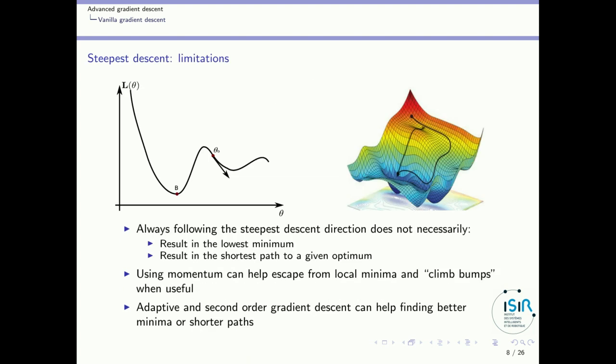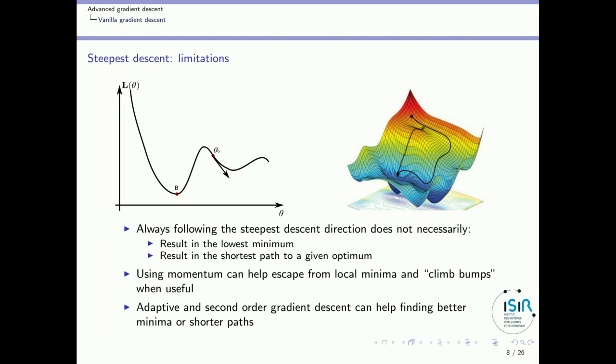Now, a different point that you have to consider about vanilla gradient descent is that it has a few drawbacks. First, always following the steepest gradient descent direction does not necessarily result in the lowest minimum. That's what we have just seen. For instance, if you are here and you follow the steepest descent, you will end up here and not there, quite obviously.